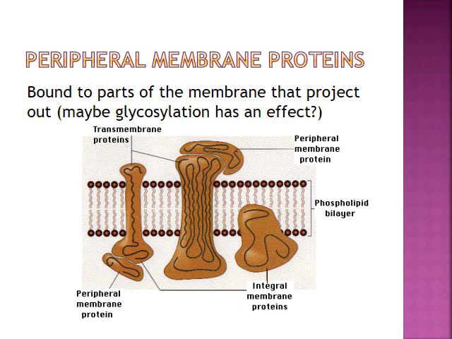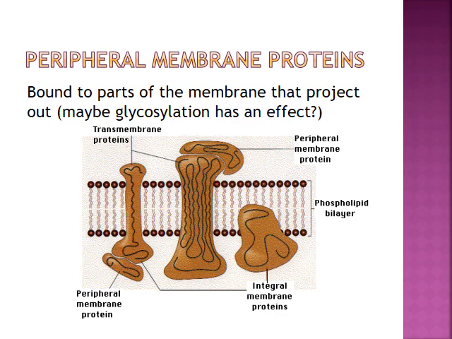So this is in the periphery. Does that make sense? So peripheral membrane proteins, integral membrane proteins. The peripheral ones may be important for cell signaling, because a signal can come in on one side of the membrane, interact with that protein, and cause this one to release on the outside.